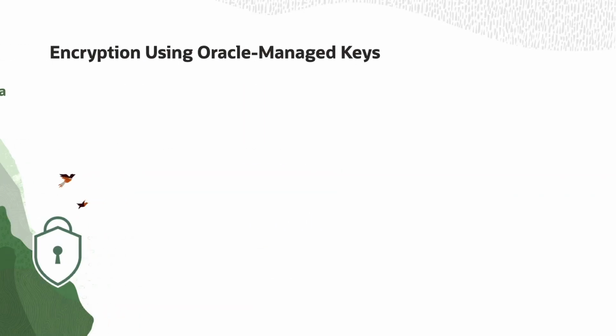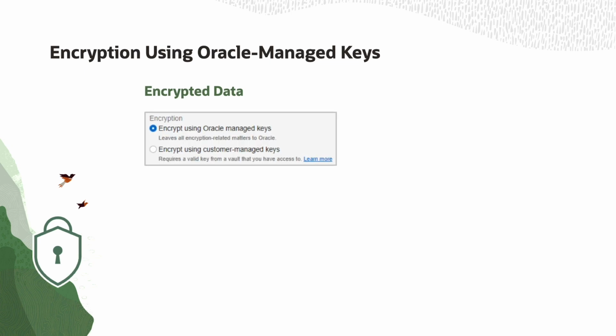When working with many resources inside and outside of the data science service, you will need to choose who will manage the encryption keys. That is, will Oracle manage the key in its internal high security module, or will you manage the key in your vault? What are some of the commonly used data resources that will require such a decision?